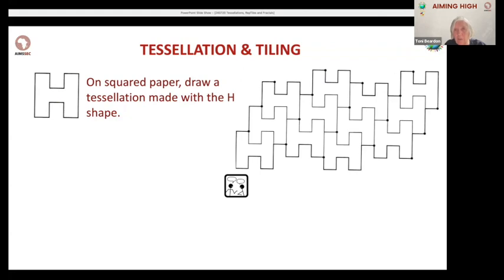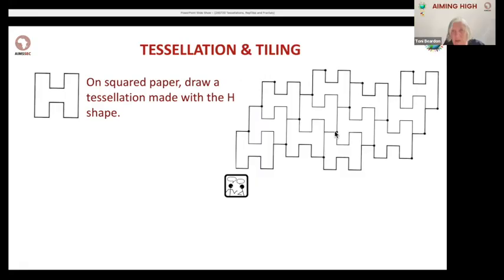The corresponding points are at the top of the middle bar. Sorry, the bottom right hand side of the H. You can look at it that way.